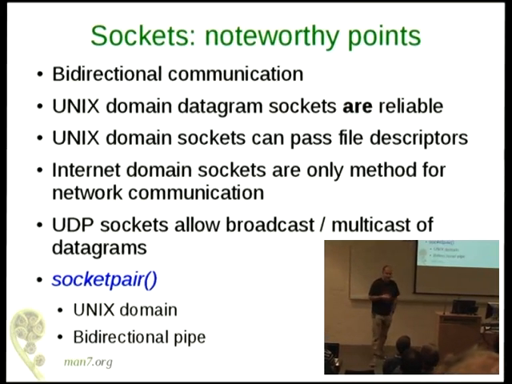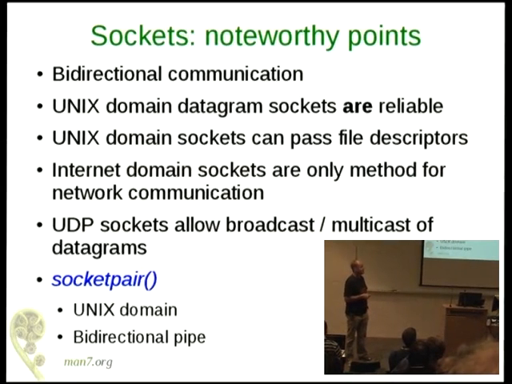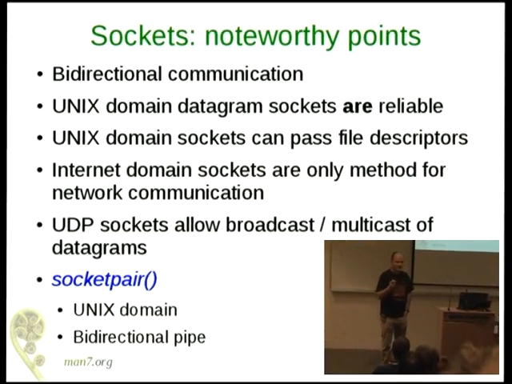Another interesting thing you can do with Unix domain sockets, which is quite special, is you can pass file descriptors across a Unix domain socket. What I mean by this is you've got two processes.